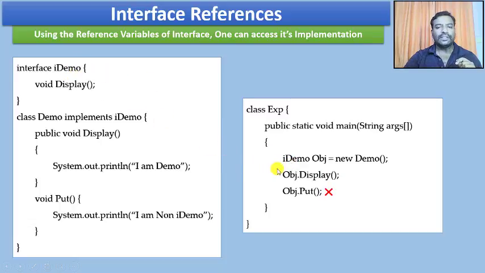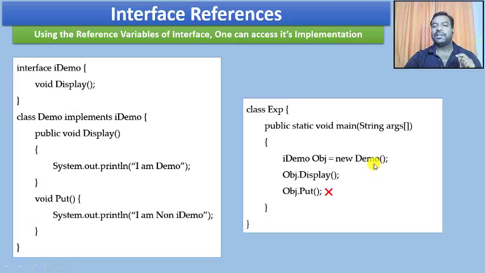So for this interface, I am creating an object reference. So remember this, here I am not creating any object or any instance for the interface, because I am calling the constructor of the demo class. Hence I am creating the object for the class demo, not the object for the interface idemo.